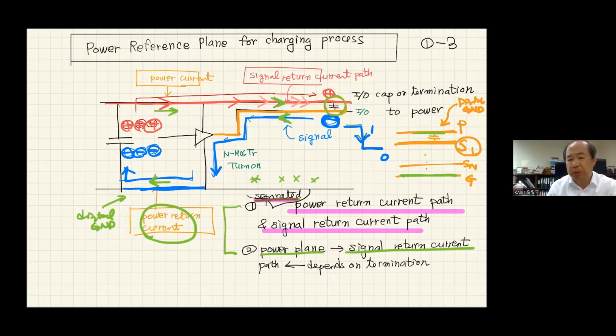Any metal could be a return current path, for power and for signal. Any means they can change the return current path depending on frequencies and terminations. So that is a very typical part.